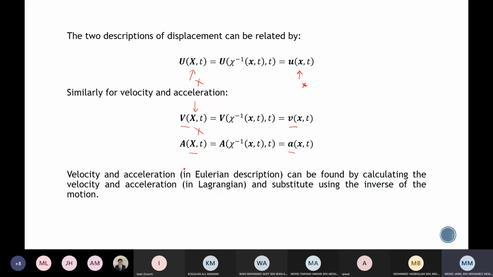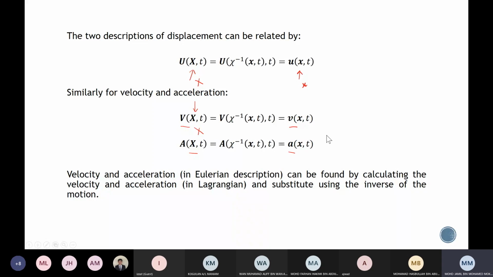So the procedure is that the velocity and acceleration in Eulerian can be found by calculating the velocity and acceleration in Lagrangian and then substituting using the inverse of the motion. So there are two processes: invert the motion and then substitute into the Lagrangian velocity and acceleration.